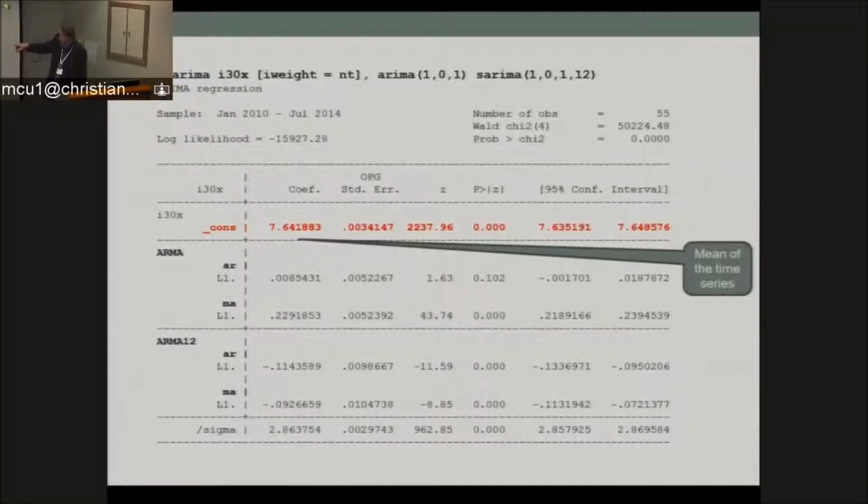And then I have coefficients for my autoregression and coefficients for my moving average. And I can see that, as I kind of expected, the autocorrelation is pretty small, 0.008. So I can maybe ignore that in the model. Where is 0.008?